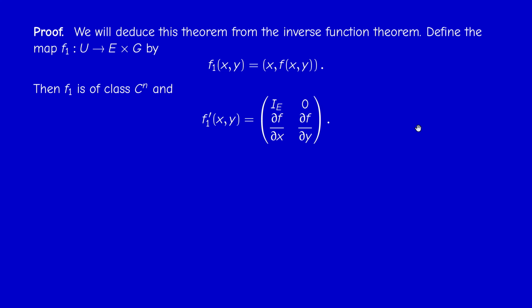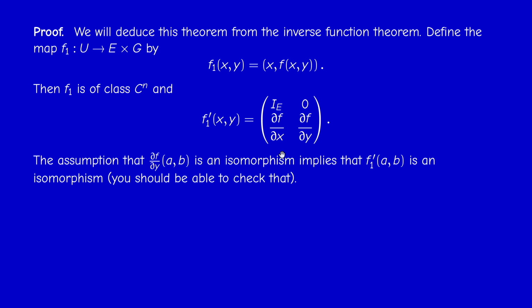So you can write the formula if you like. And now I evaluate this at (a, b). And it's now easy to check. You should be able to check that F1 prime of (a, b) is an isomorphism from E times F into E times G. It's not difficult.